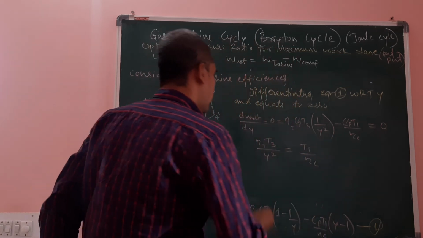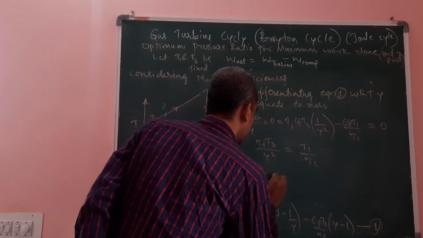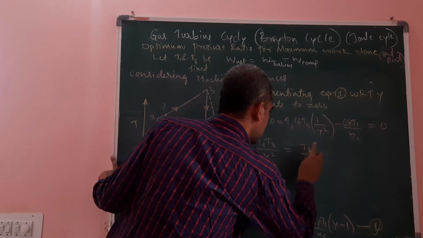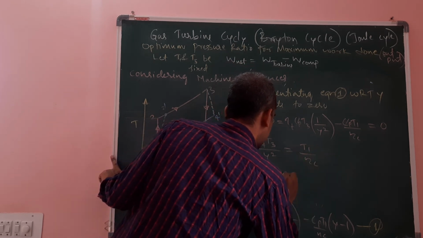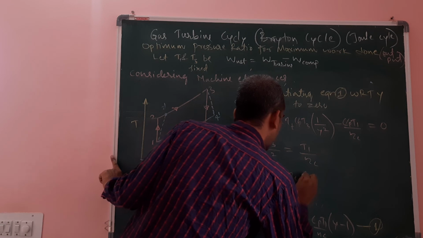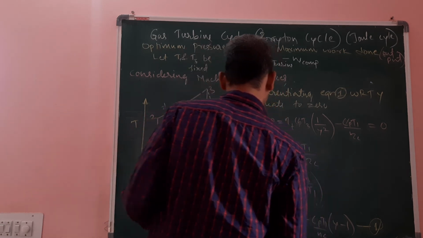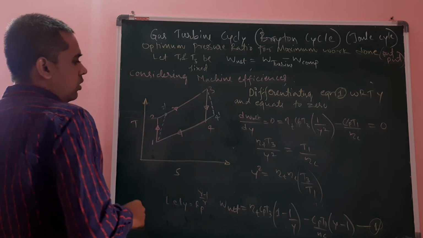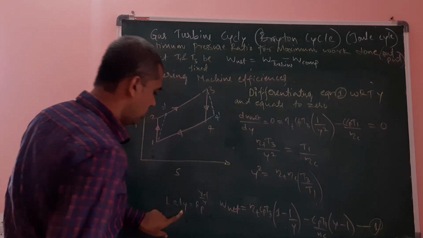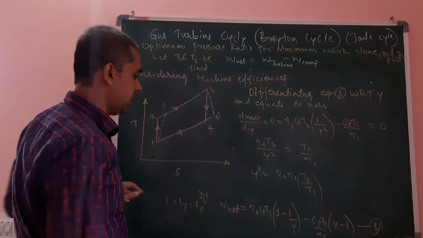Therefore, y square is equal to eta t into eta c into T3 by T1. Now what can I do? I can write y is equal to Rp raised to gamma minus 1 by gamma.